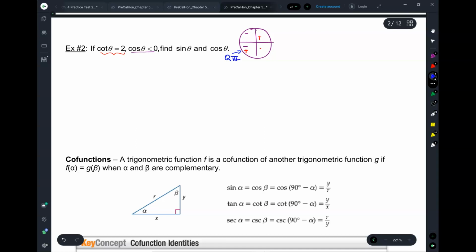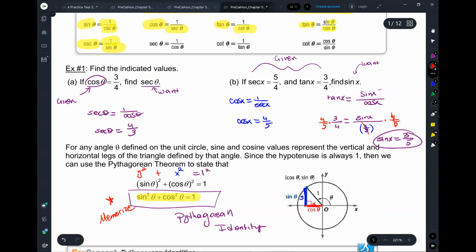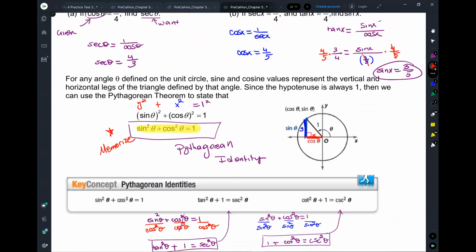Okay, so now, let's see what we are given and let's see what we need. We are given cotangent. We need sine and cosine. Okay? So, what you're going to do is go back and look at all the identities you now have in your database.